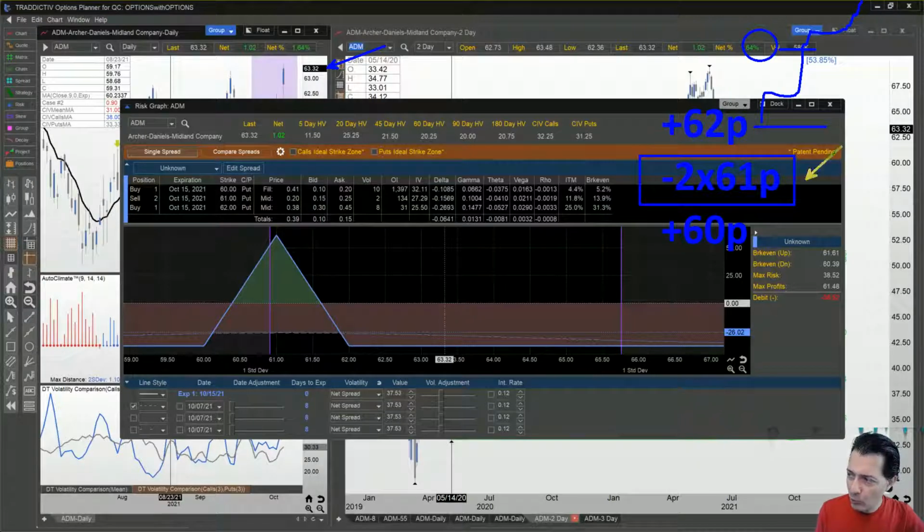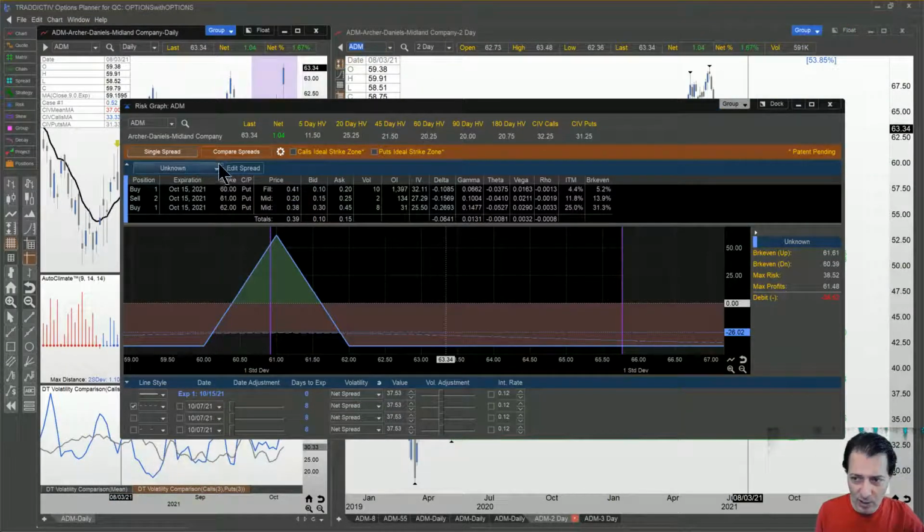So what can you do? You can go ahead and close them at 5 cents. You collected 20 and 20, you buy them back at 5 and 5. That basically locks in $30 of profit. But it's not about the fact that you're going to lock in $30 of profit.